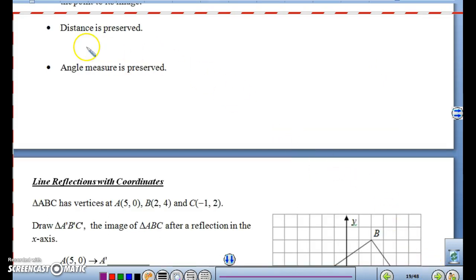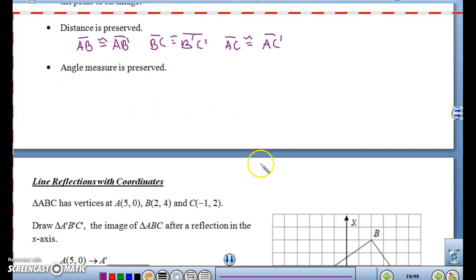What you started with is what you end up with. So all line segments will be the same length. So AB will be congruent to AB prime. BC will be congruent to B prime C prime. And AC will be congruent to AC prime. The lengths of the line segments are the same. What you start with is what you end with. We didn't change the size of the figure at all.